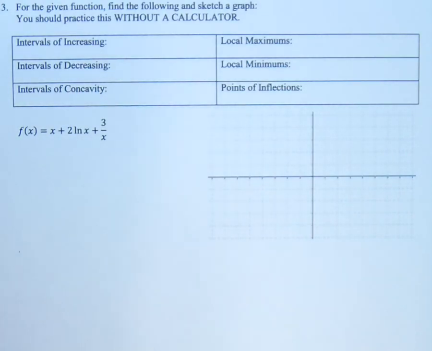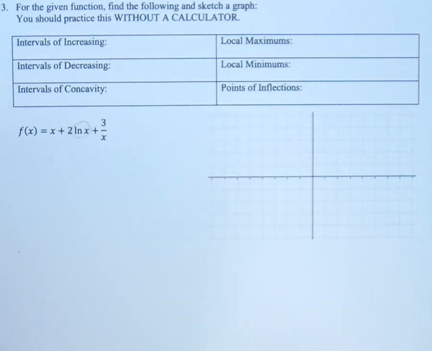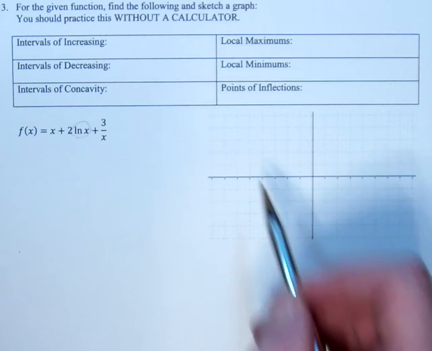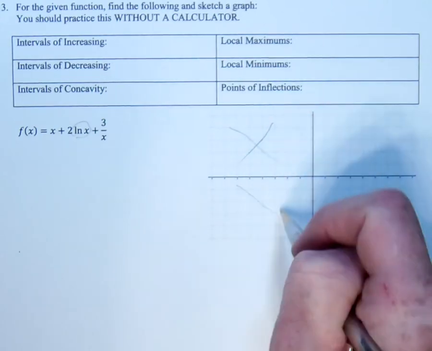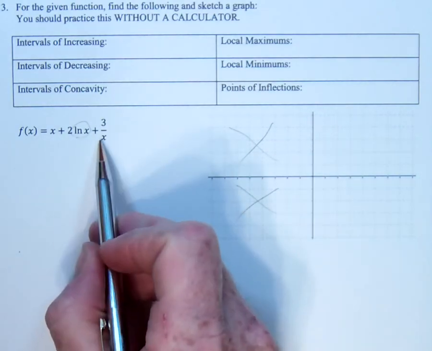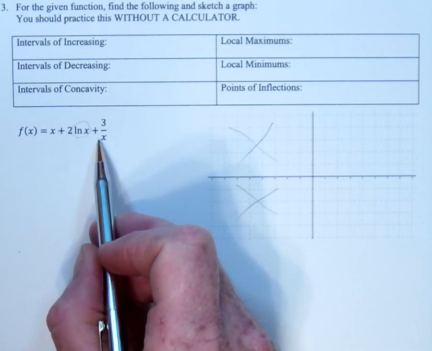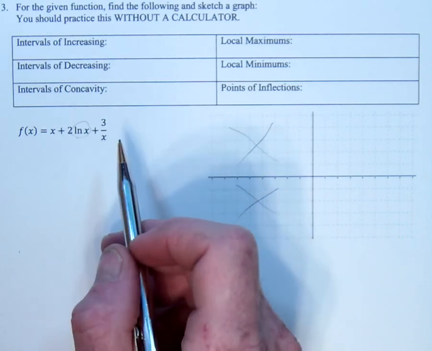Well, one thing I noticed without a calculator is that you can't take natural log of a negative. So that means that this part of the graph is out. That's a waste of space. So even 0, I can't have 0 because of this, and technically this also, but you can't divide by 0.